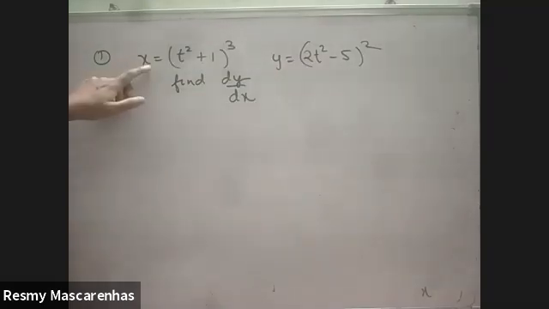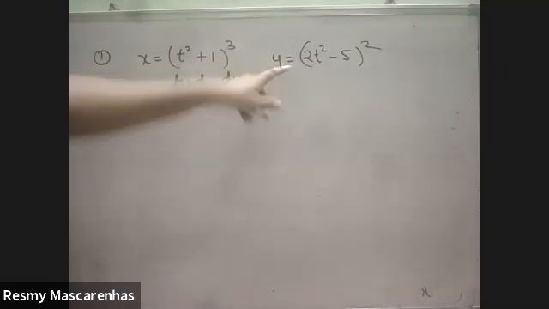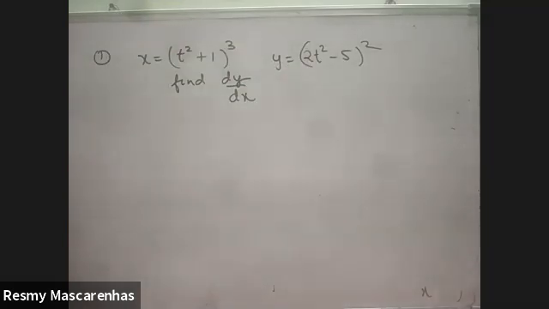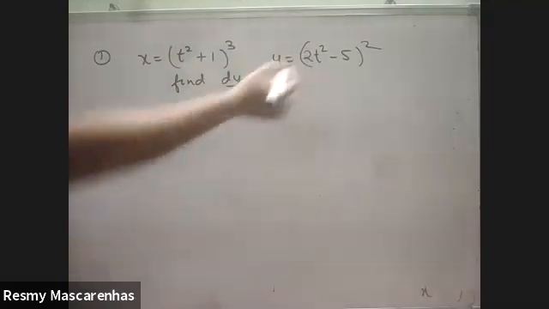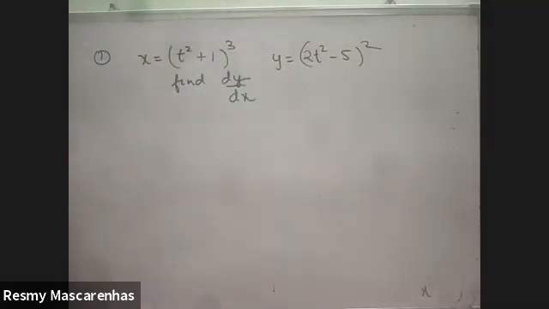So first find dx upon dt, then find dy by dt. And if they are giving you at some t equal to some value, then the t value you have to substitute at the end, after putting.